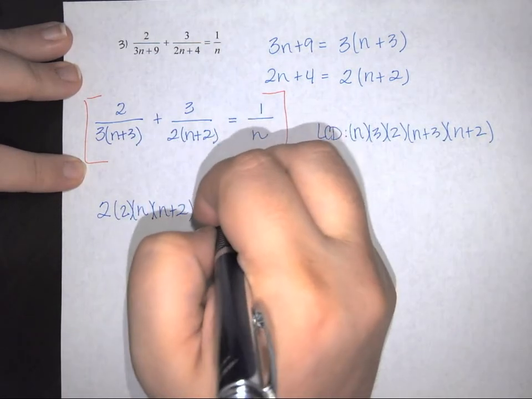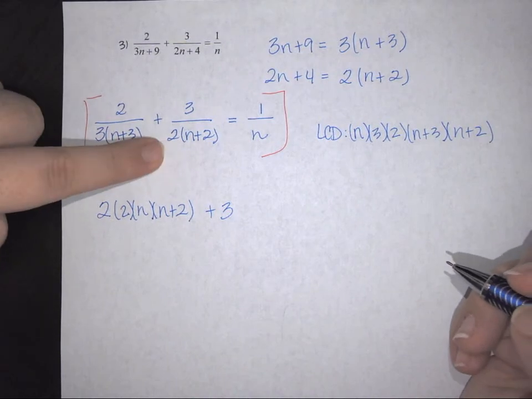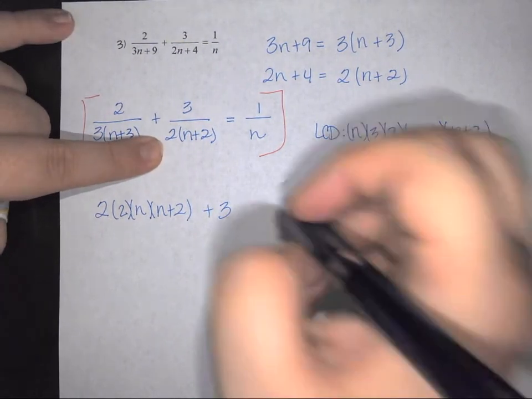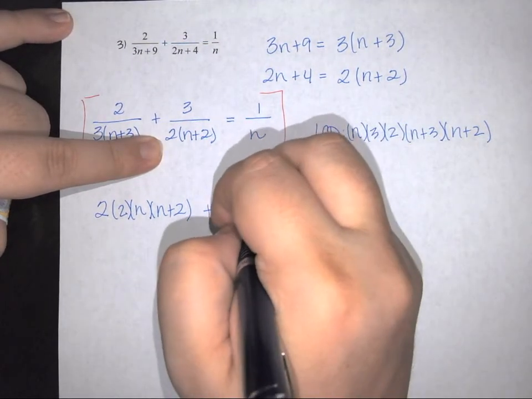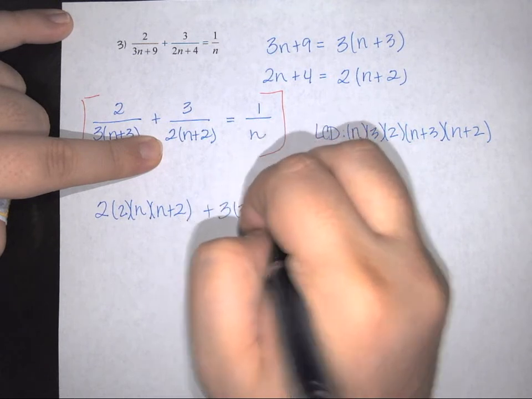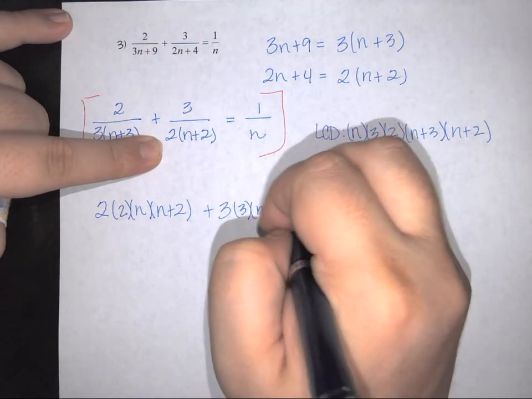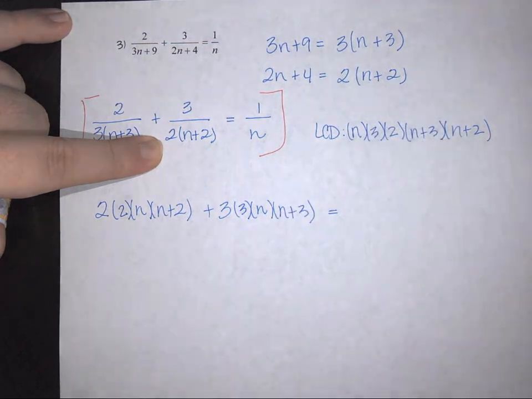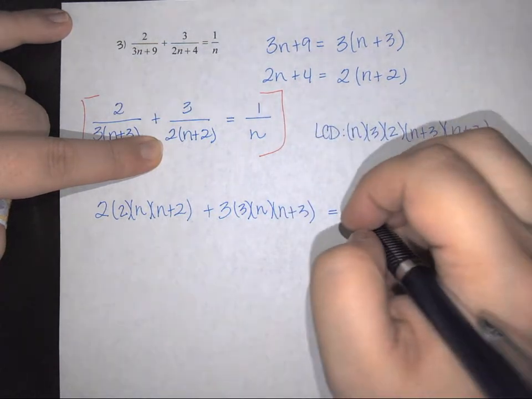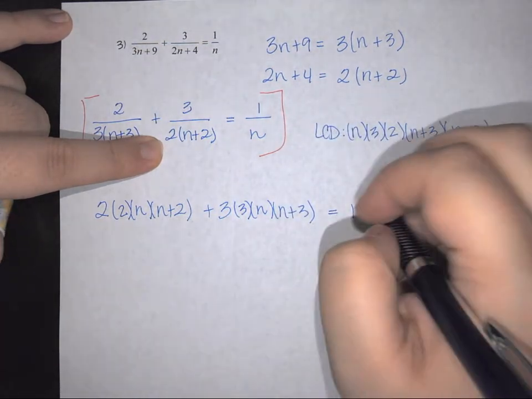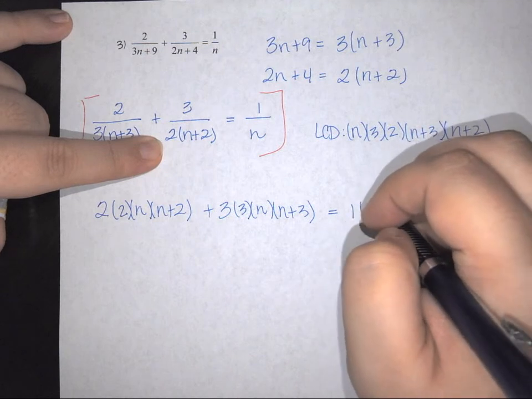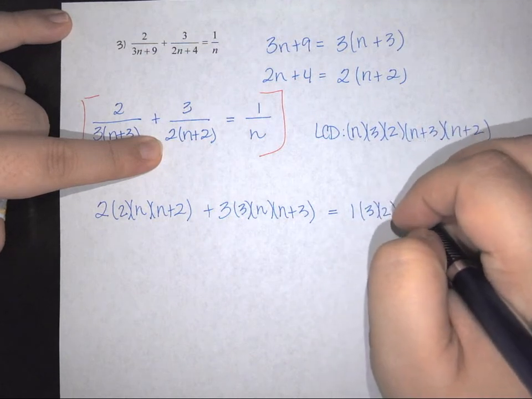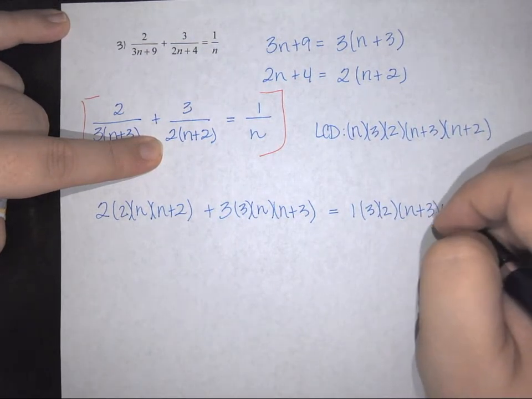I then have to look at the next one, which is 3, and here 2 and n plus 2 go away, leaves behind 3 times n plus 3. In the last one, I have a 1. The n goes away and leaves behind 3 times 2 times n plus 3 times n plus 2.